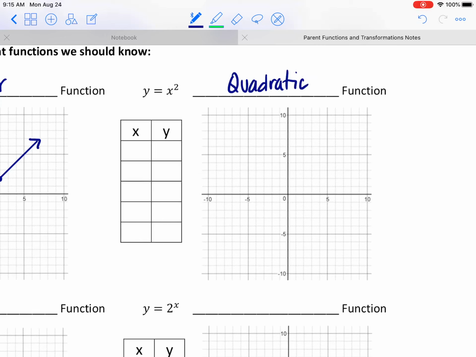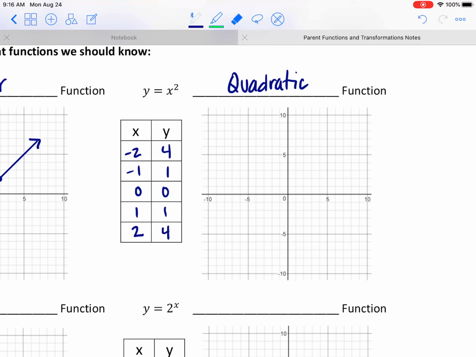And maybe we remember, because I think we've seen a couple of these already, what the quadratic function looks like on its graph. But let's pick a couple negative, again 0, and a couple positive, and see what's happening here. So when I plug -2 in here, -2 squared is going to make a +4 for our output. -1 squared makes 1. 0 squared is 0, 1 squared is 1, 2 squared makes 4.